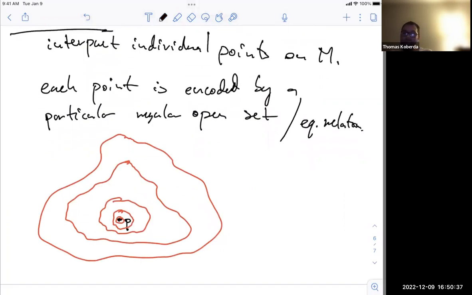And what's more is that they are nested, so each of them cuts the manifold into two pieces. That's something that we can express using the language of action structures.